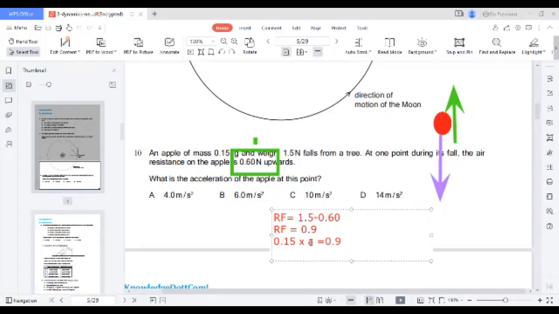Now acceleration is equal to 0.9 over 0.15. So it is approximately 90 divided by 15, which is actually 6, and it is meter per second square. So our answer is this one. This is our answer. The rest of the options are incorrect.